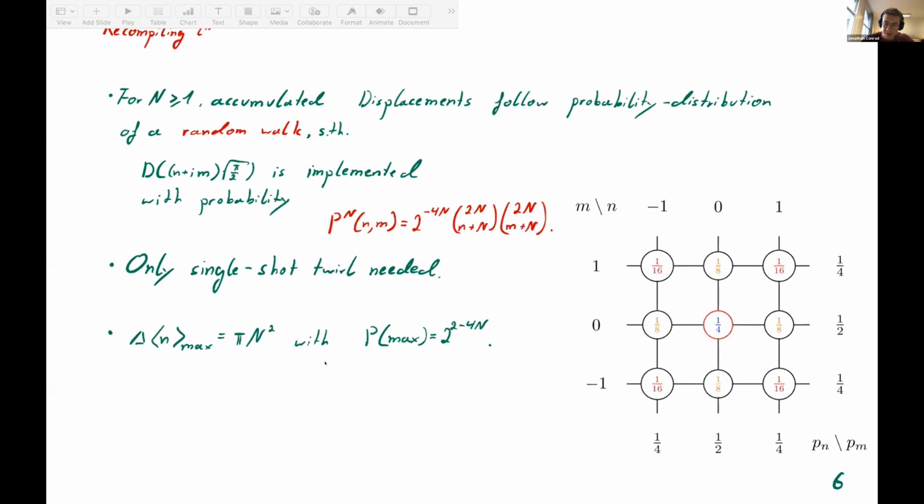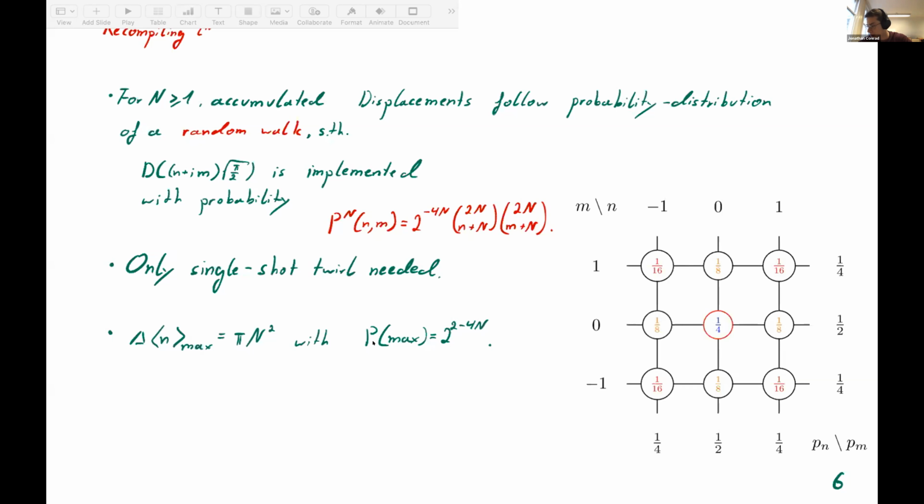I didn't write this here, but a very nice other application would be to not consider logical displacements as corresponds to these edges here, but instead to consider displacements that are composites of stabilizers, right? By that, what would happen is that you would allow for logical coherences, but everything else that is not a logical coherence would be killed off. So that would be a different way that you could protect channels using this twirling method.